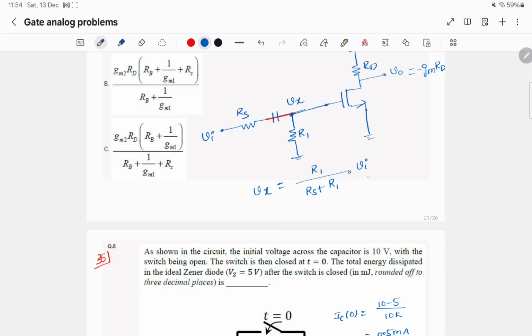So the gain will be multiplied by this factor. So the modified gain will become minus GM RD times R1 by Rs plus R1, because the gate potential is decreased by multiplying by this factor R1 by Rs plus R1.